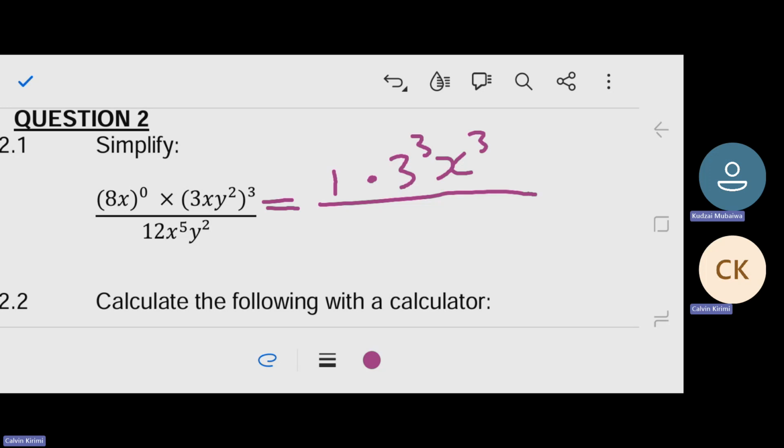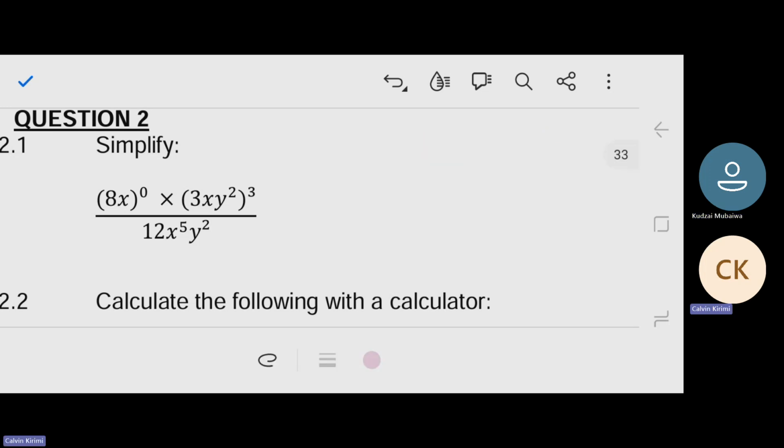And then y to the power what? 6. Can you see it? Yes, sir. Let's go to the denominator. It's 12, x to the power what? 5. Y to the power 2.